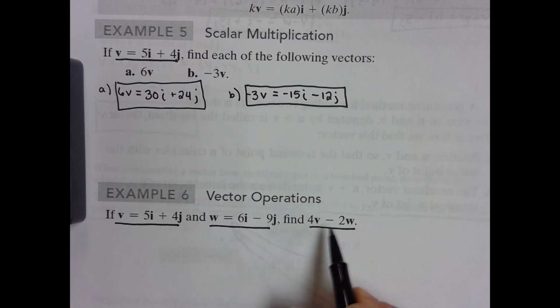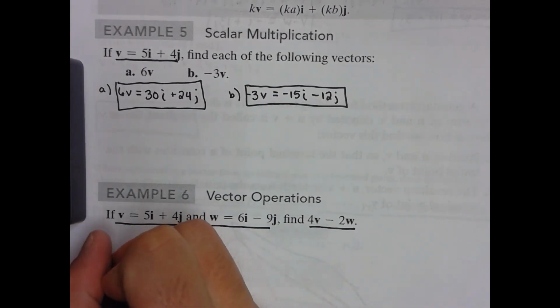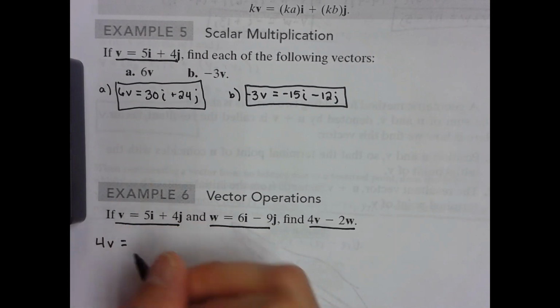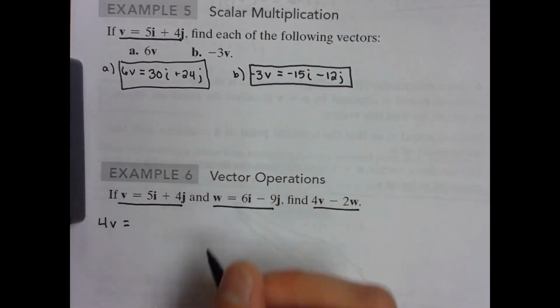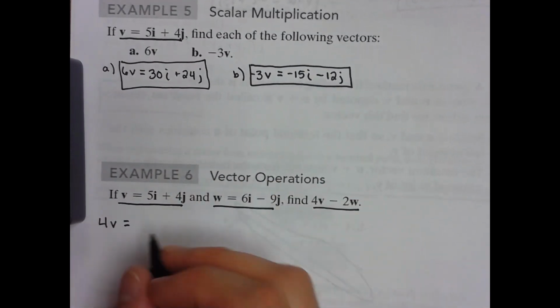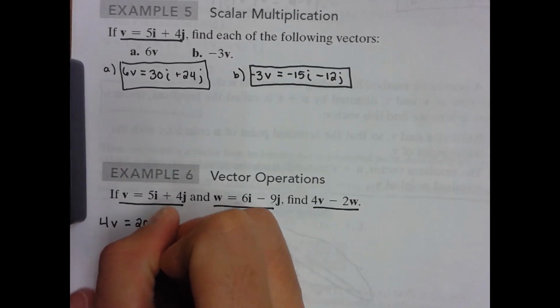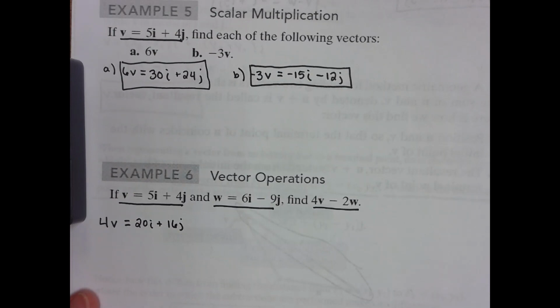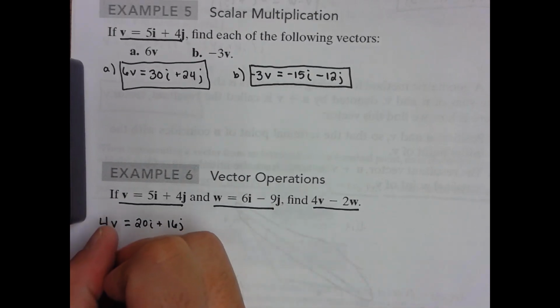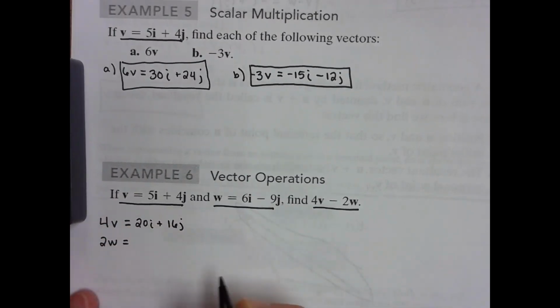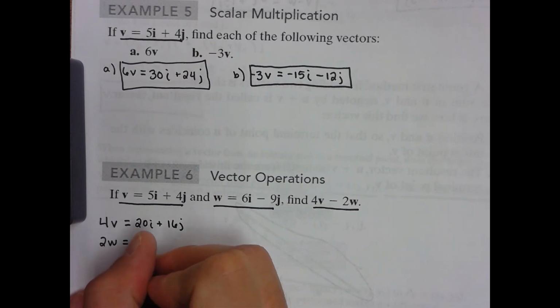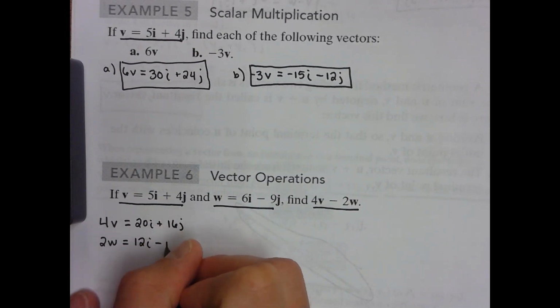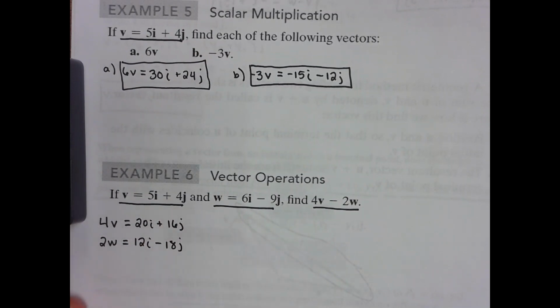So before I even do the subtraction, I'm going to find 4v and 2w, and then I'll do the subtraction. So 4v, where I take every component in the v vector and multiply it by 4, gives 20i plus 16j. And 2w is 12i minus 18j.